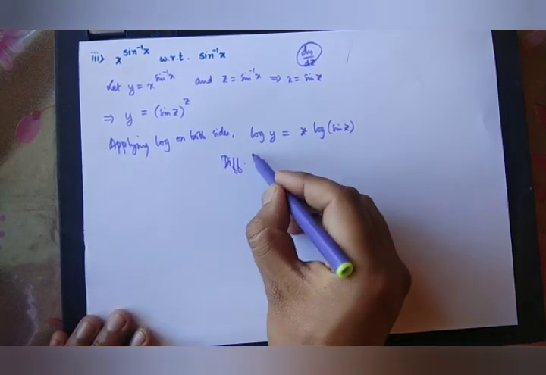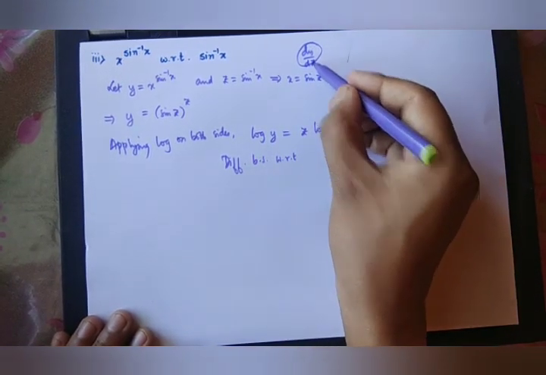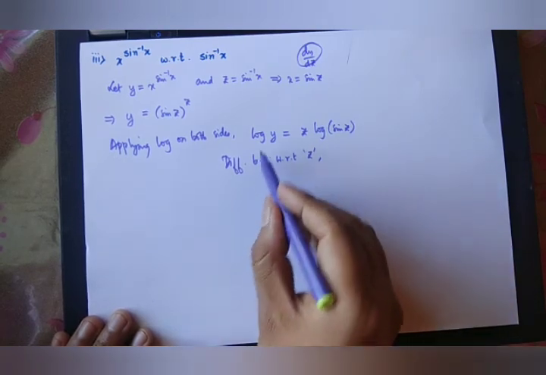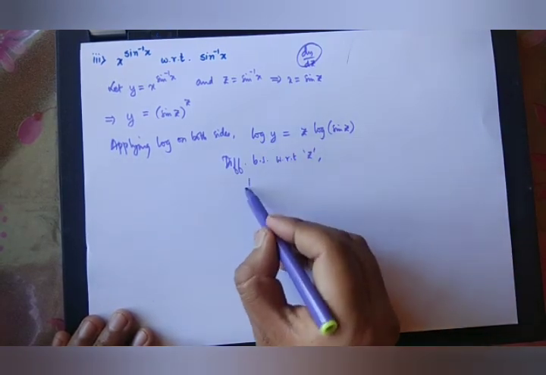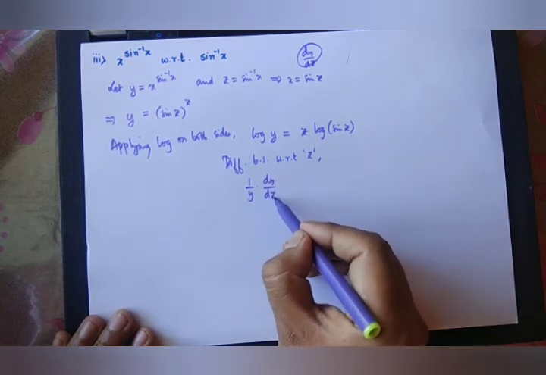Now let us differentiate both sides with respect to z, since we want to find dy by dz. The differentiation of the left side becomes 1 by y into dy by dz.